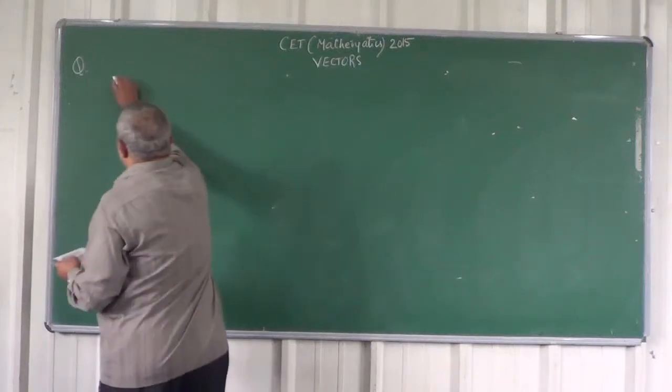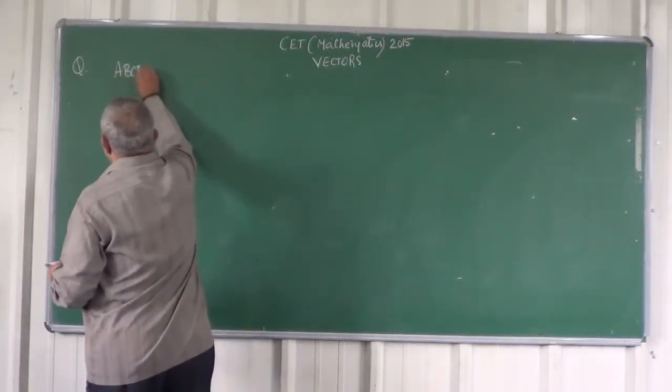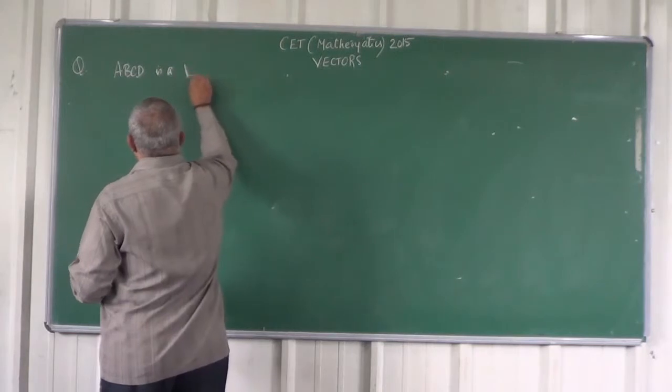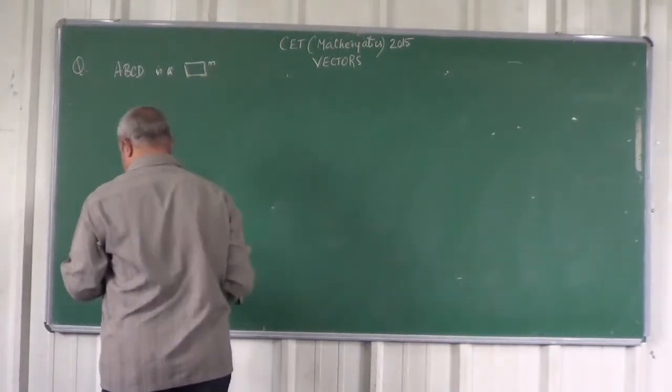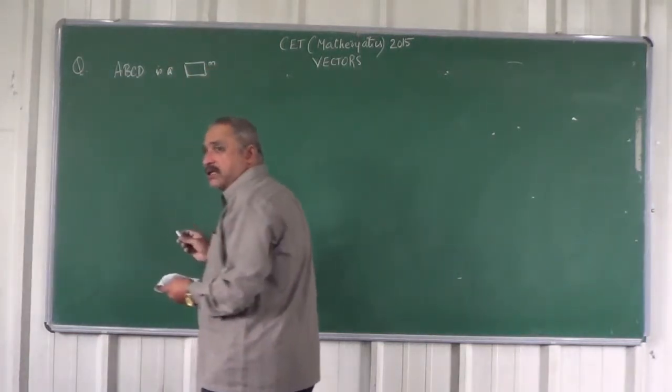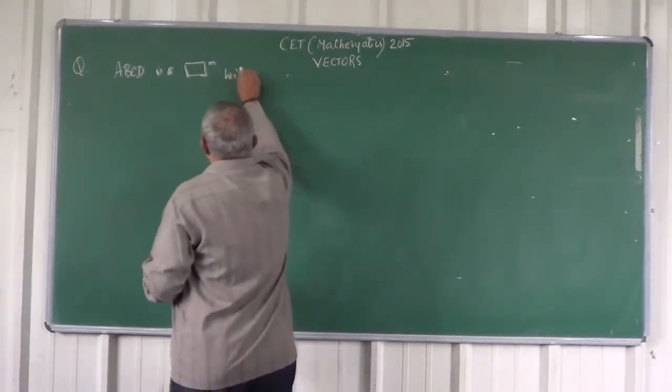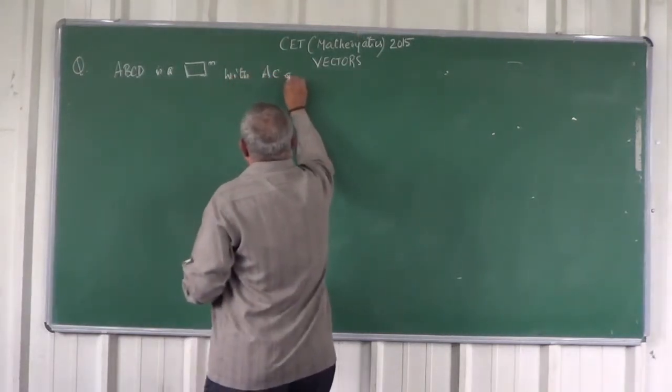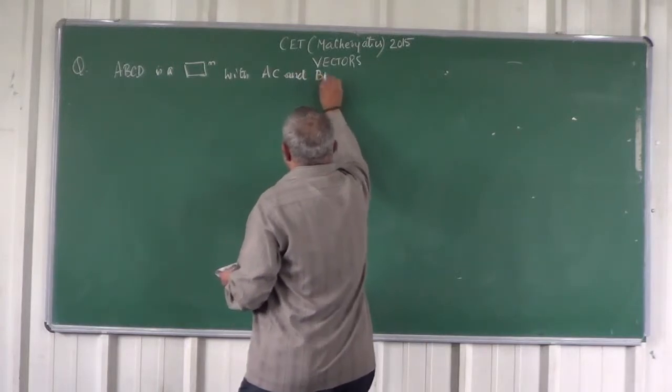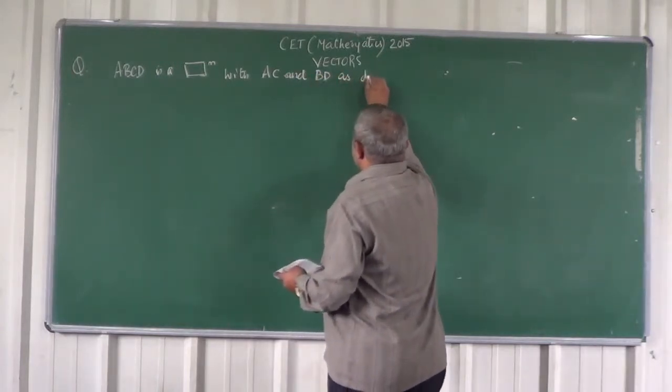ABCD is a parallelogram with AC and BD as diagonals.